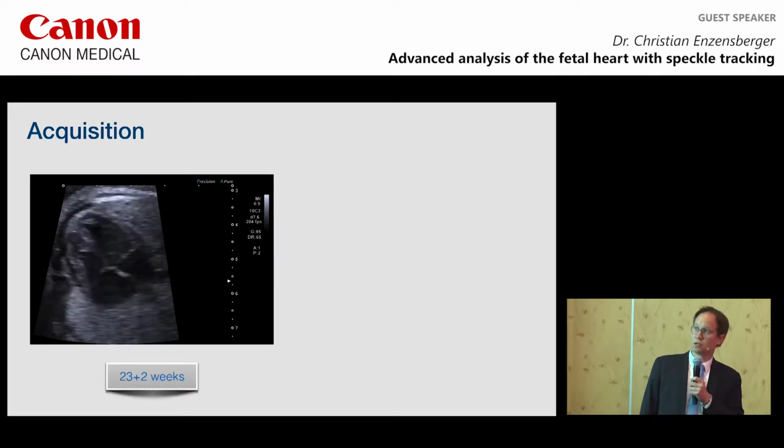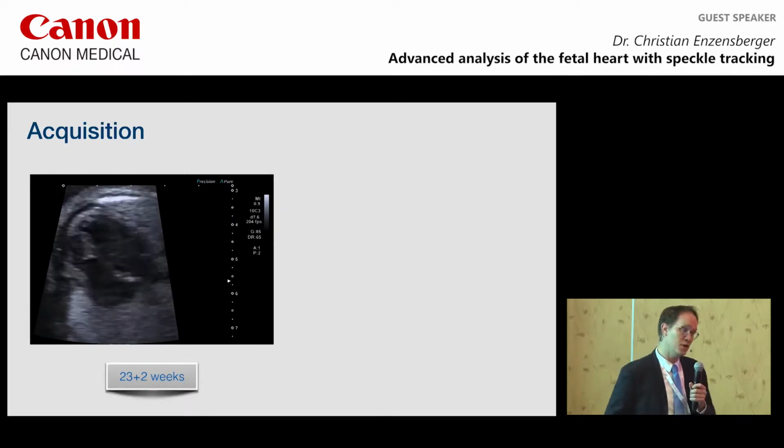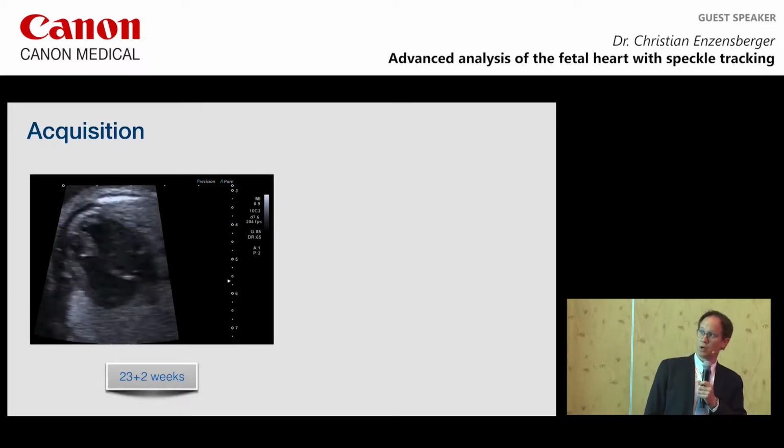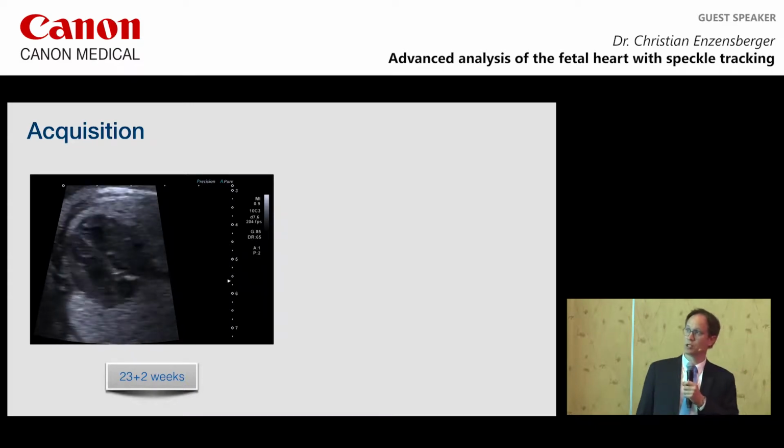What we have to do is to get one cardiac cycle. We have to crop the cycle after you have saved it on your ultrasound machine.